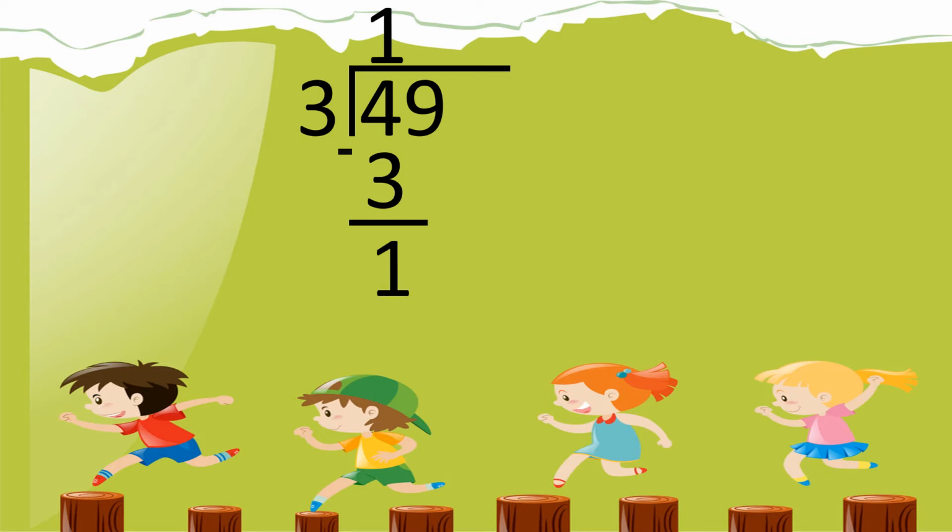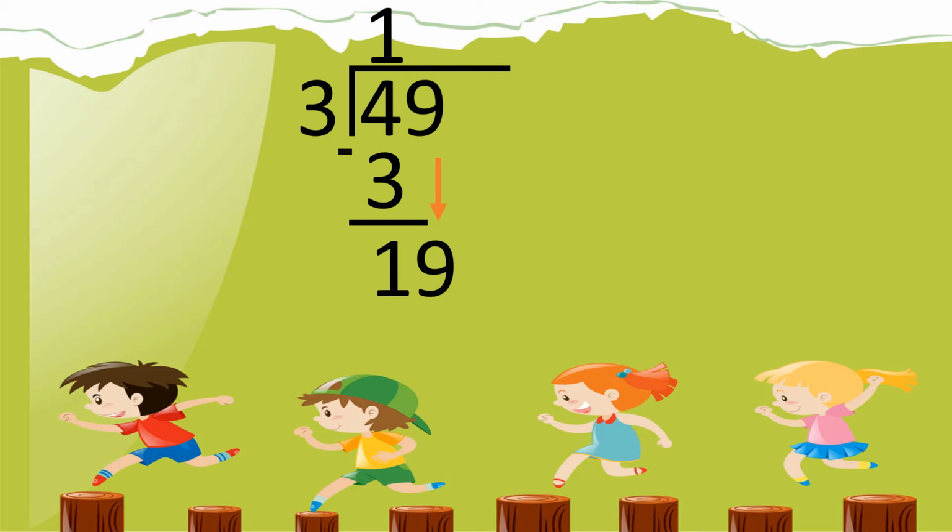Next, we would see how many times 3 would go into 1. But that is not possible, so we would draw an arrow coming from the 9 all the way down to the 1. Like this. Next we would put the 9 next to the 1. That gives us 19.